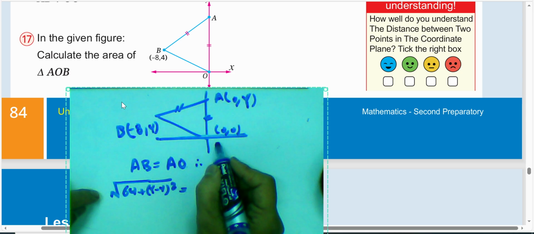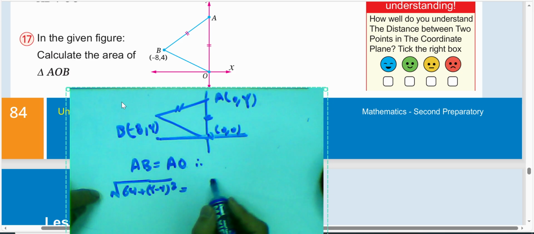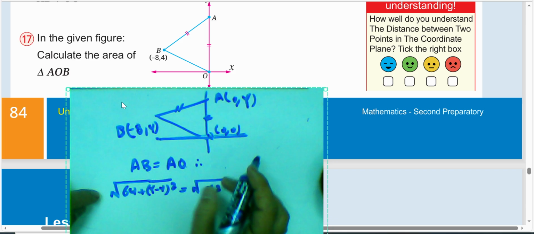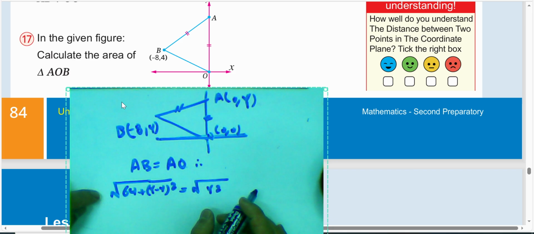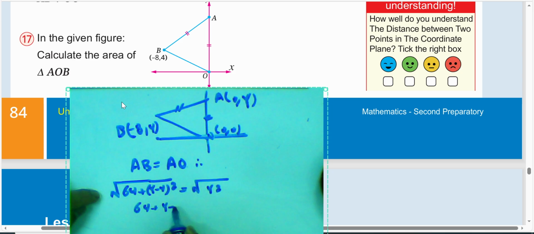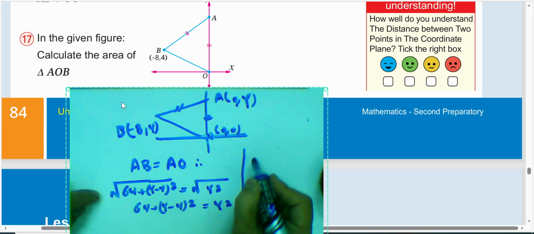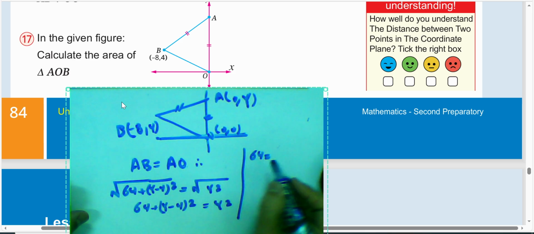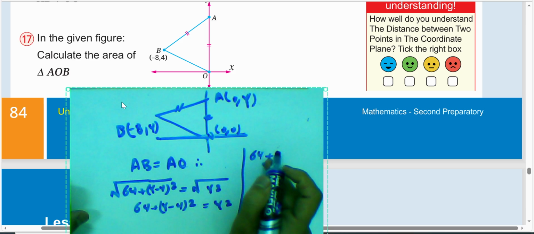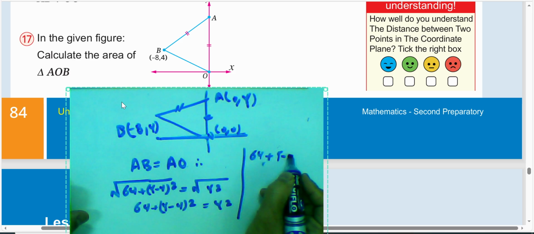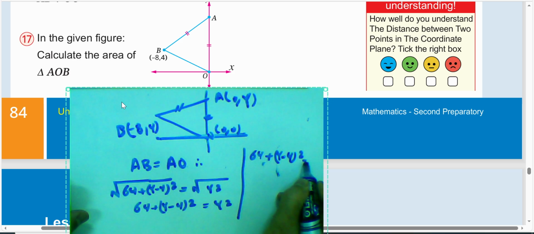The distance between the 2 points A and O equals the square root of 0 to the power 2 plus y to the power 2, which is y. Then under the square root, 64 plus (y minus 4) to the power 2 equals y to the power 2. You can simplify and write 64 plus (y minus 4) to the power 2 equals y to the power 2.